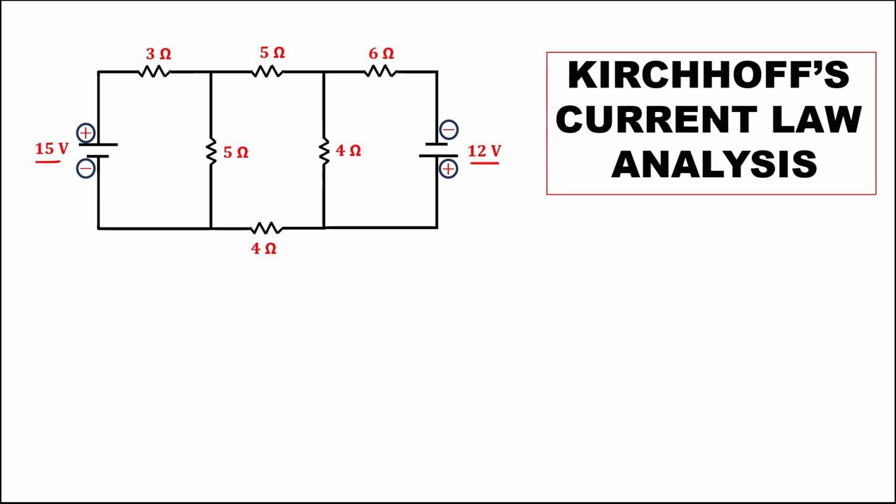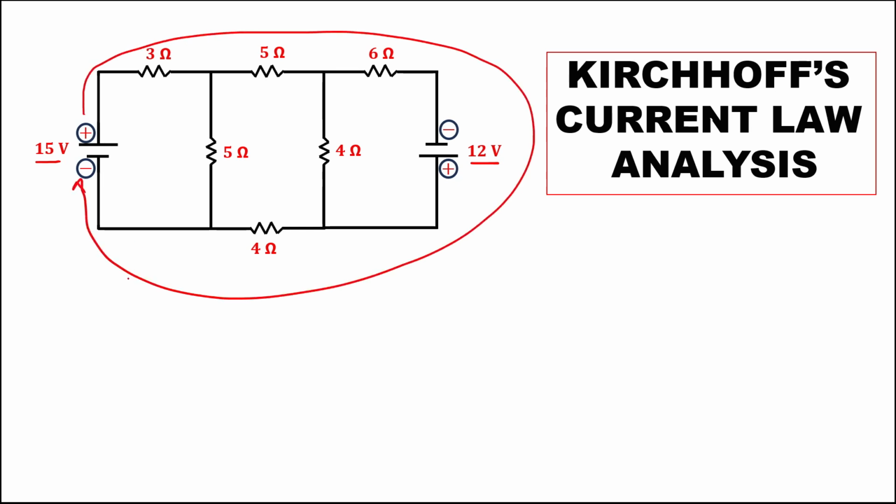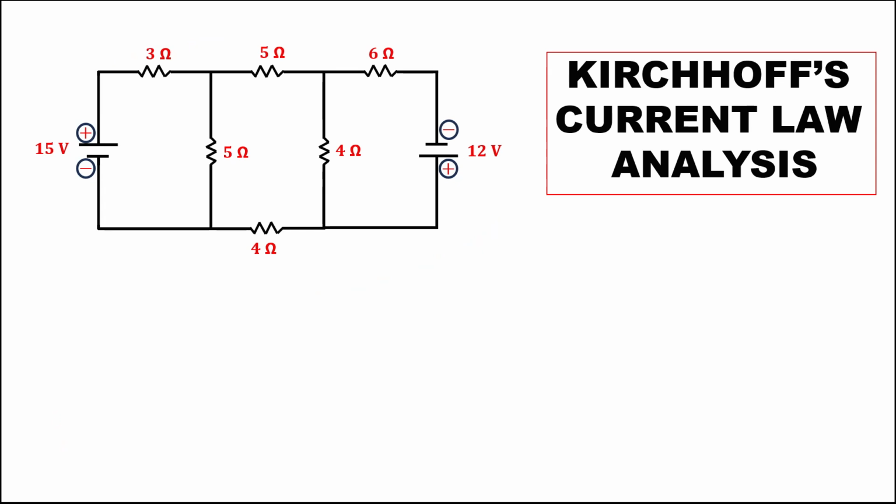To find out the flow of the current, since the current goes from high potential to low potential, from this junction, this is current 1, from this junction, this is current 2. Since this is current 1 and current 2, this current is current 1 minus current 2.